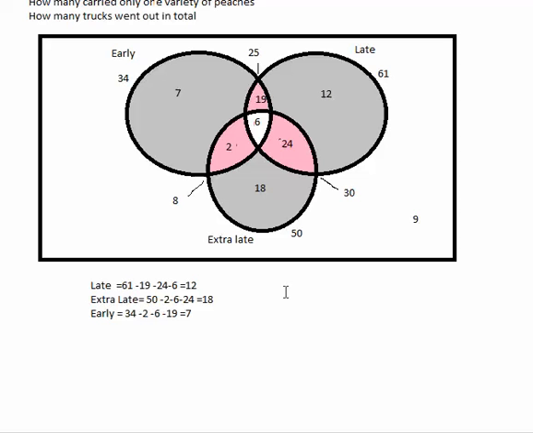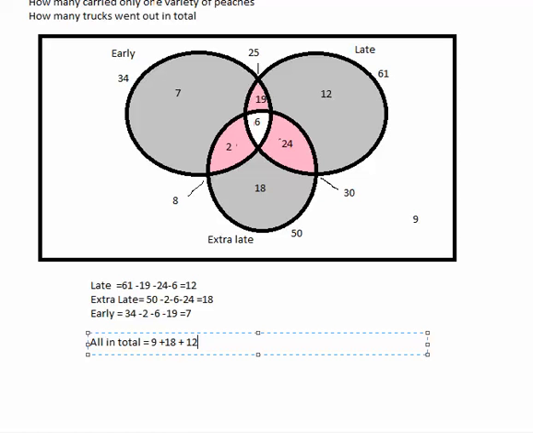The last step that we have to take now is to find how many trucks in total we have. So in order to do that, we have to add the numbers 9 for those that carried only figs, 18 plus 12 plus 7 plus 2 plus 24 plus 19 plus 6.